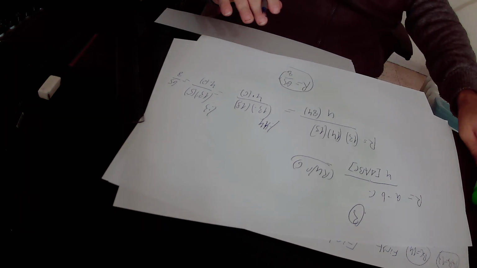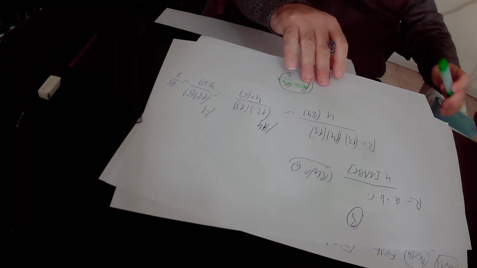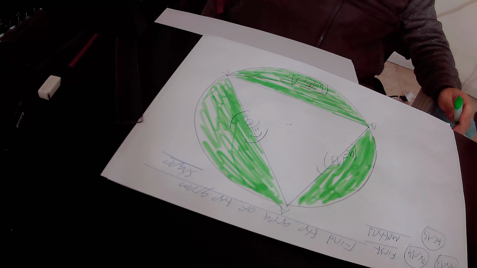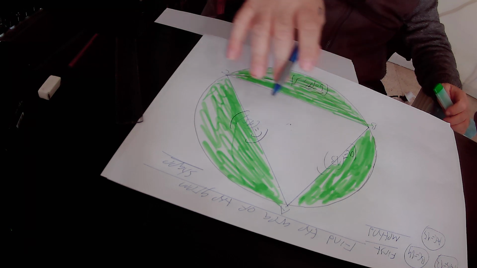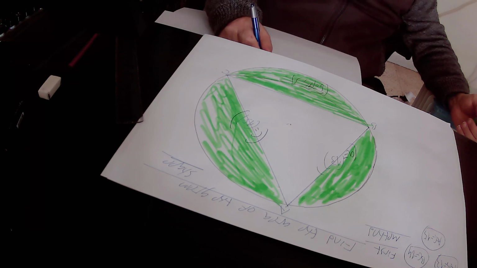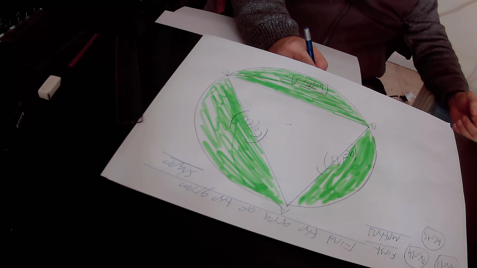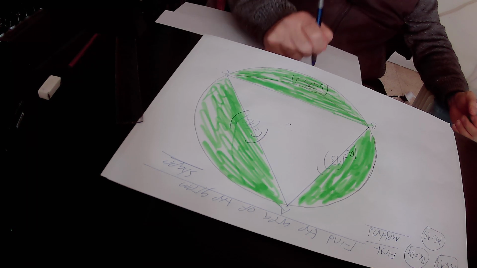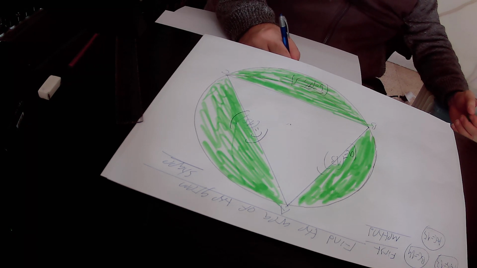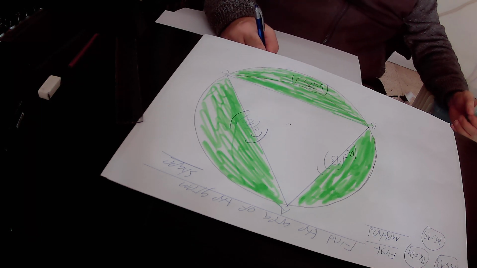Okay, and our mission is to find out the area of this green shape. From the drawing, it is very easy to see that the area of this green shape is equal to the area of the circle minus the area of triangle ABC.